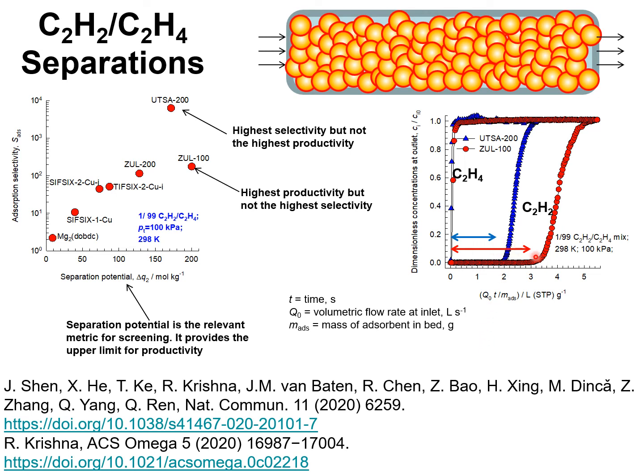Indeed, we notice that the productivity values indicated by the blue arrows for UTSA 200 and the red arrow for ZUL 100 are indicative of the fact that ZUL 100 has a higher productivity.